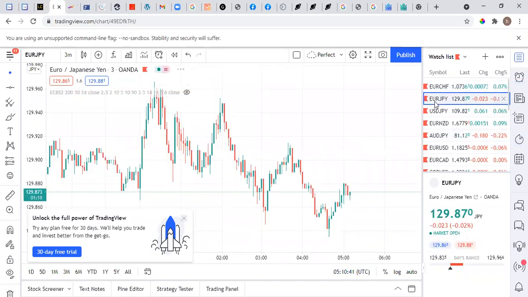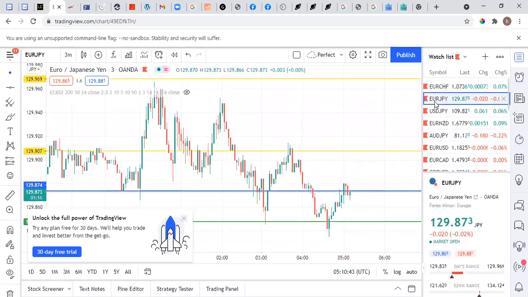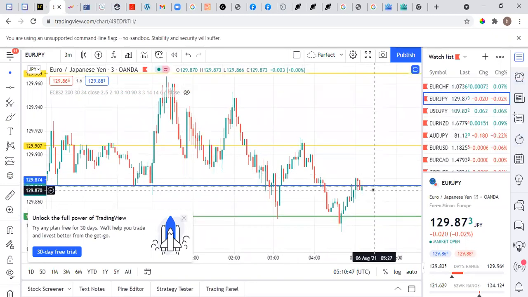Let me see Euro JPY. You see, Euro JPY keeps struggling at this area.